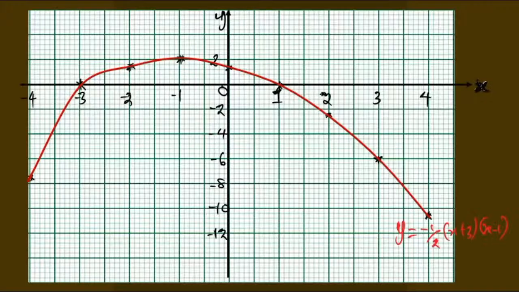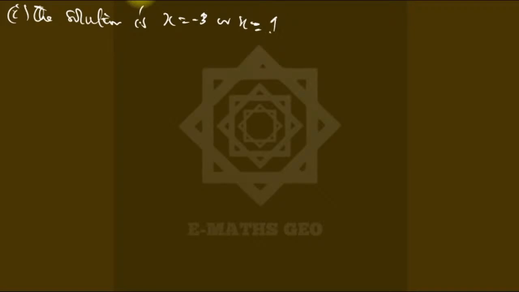So as you can see, y is 0 at minus 3 and 1. Therefore, the solution is x equals minus 3, or x equals 1.